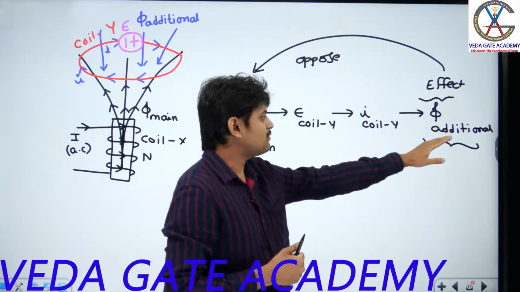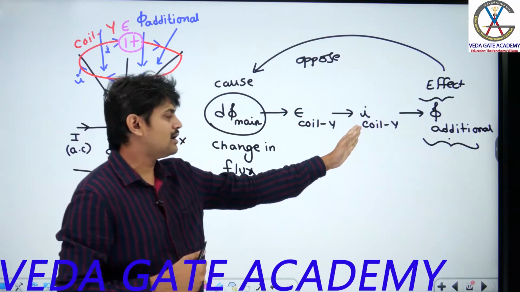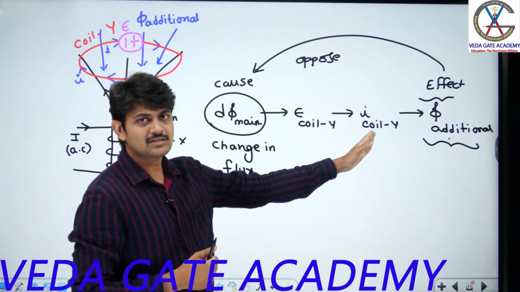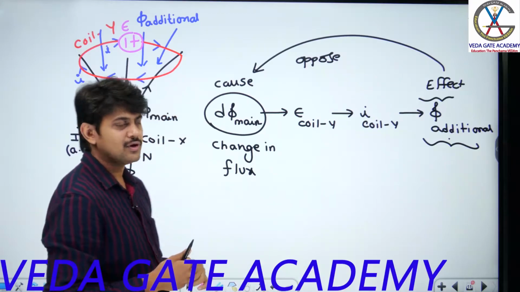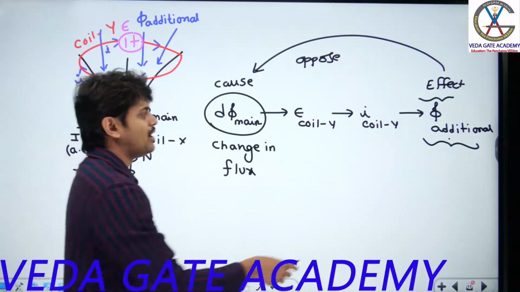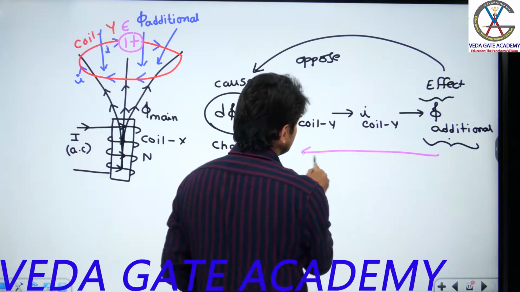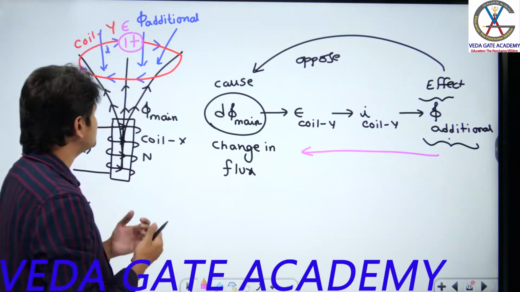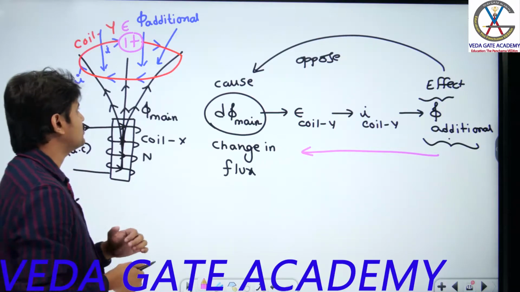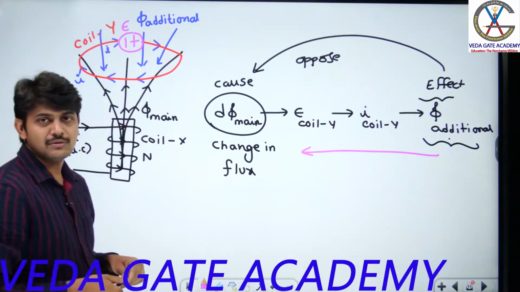Once we get the additional flux direction, I can determine the direction of current I. Once I know the direction of current I, I can get the polarities of induced EMF. So to determine the polarities, we need to do the reverse analysis, but the actual operation goes in the other direction. Have you understood? This is how we apply Lenz law to determine the polarities of induced EMF.